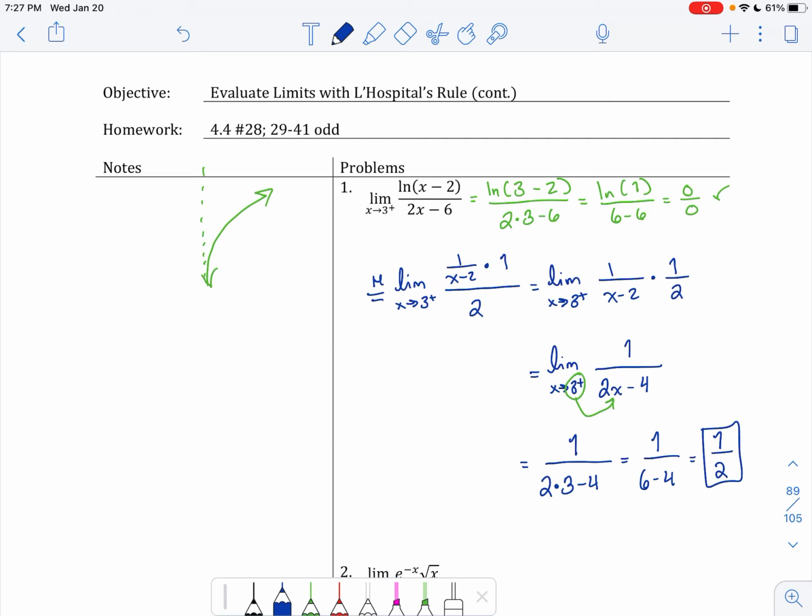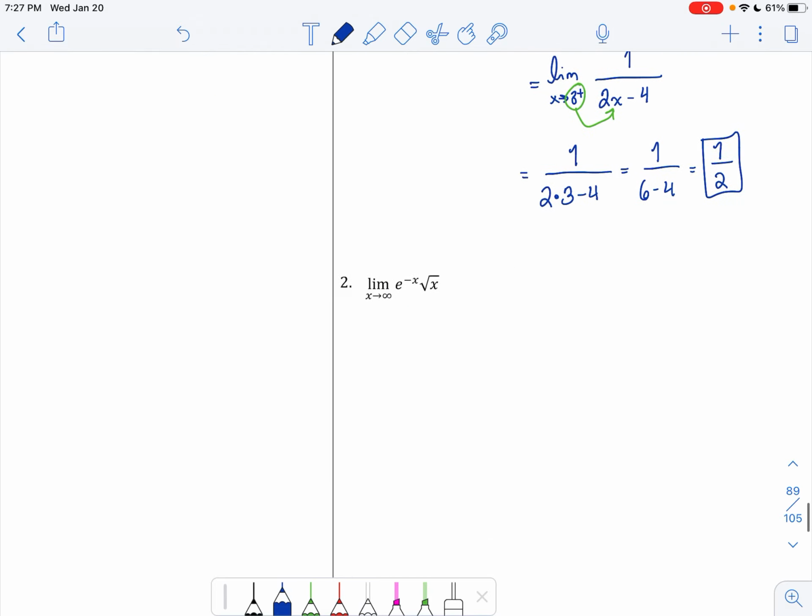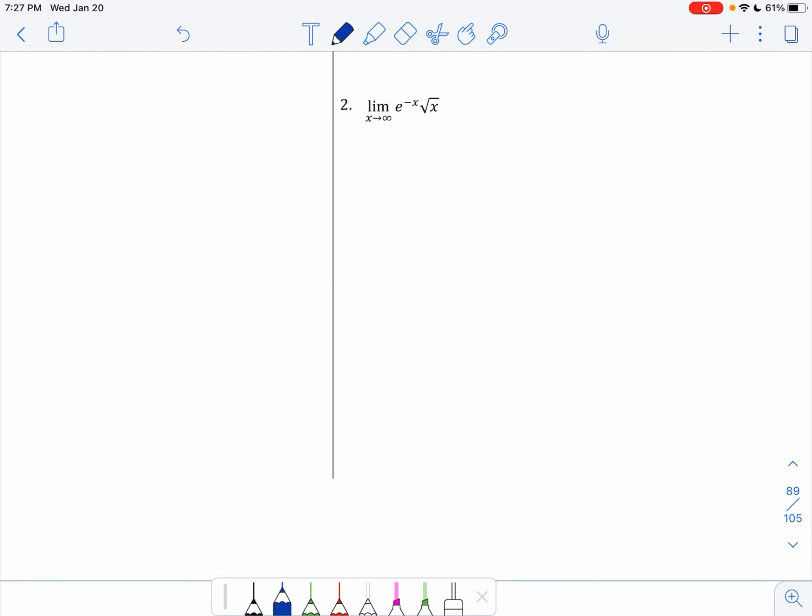So just looking at a couple more challenging derivatives. The other thing you'll see is, okay, this doesn't look like a L'Hopital's problem because it's not a fraction. However, it is still an indeterminate form, because as x approaches infinity, e to the negative x approaches 0, but the root x goes up towards infinity.